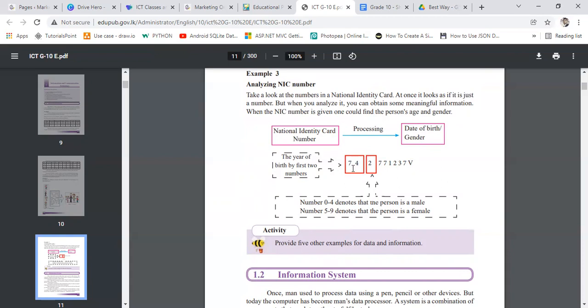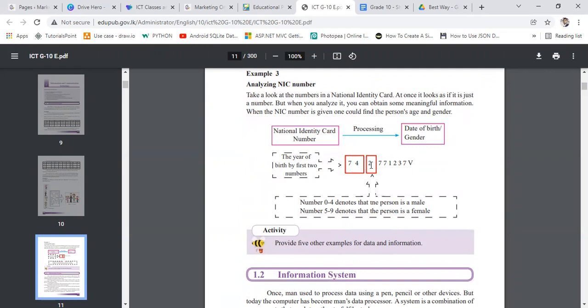So he or she was born in 1974. Okay, and now you can understand that 0 to 4 denotes that the person is male, and 5 to 9 the person is female. So it is actually a thinking process, analyzing process, and that is what we are doing here.